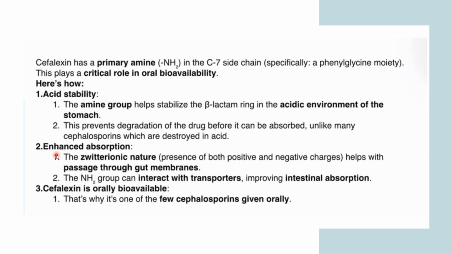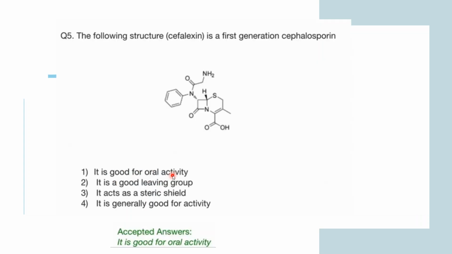Second is enhanced absorption. The absorption is enhanced because of this amine group. How does the zwitterionic nature, the presence of both positive and negative charges, help with passage through the gut membrane? Now you will see that in acidic and basic conditions, there is an anionic charge and a positive charge which can form here.